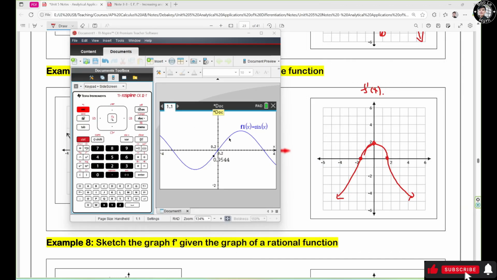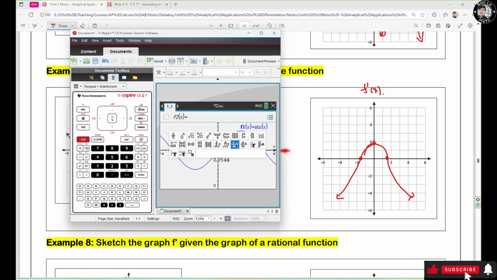Now I need to graph the function f prime of this guy, right? So I need to hit tab, and then I need to hit this button right here, that's next to number 9, right? I'm gonna hit this one, derivative right here, right? Now I need to take the derivative of the function sine s with respect to s, right? So I need to hit f1 of s, right?